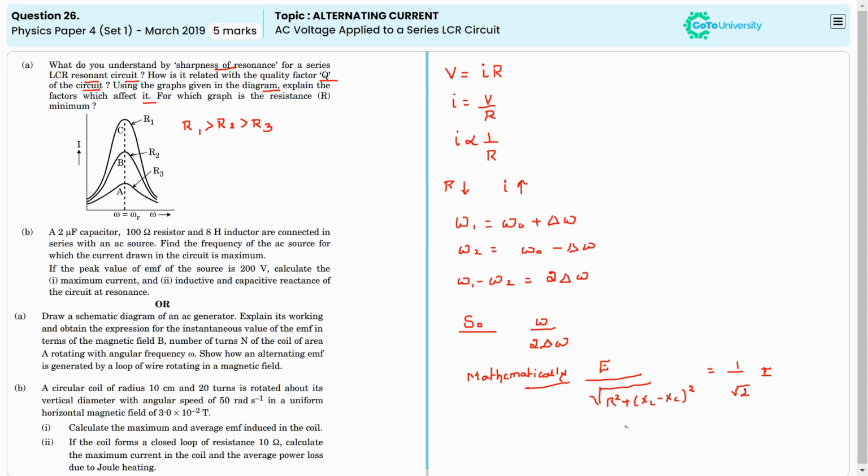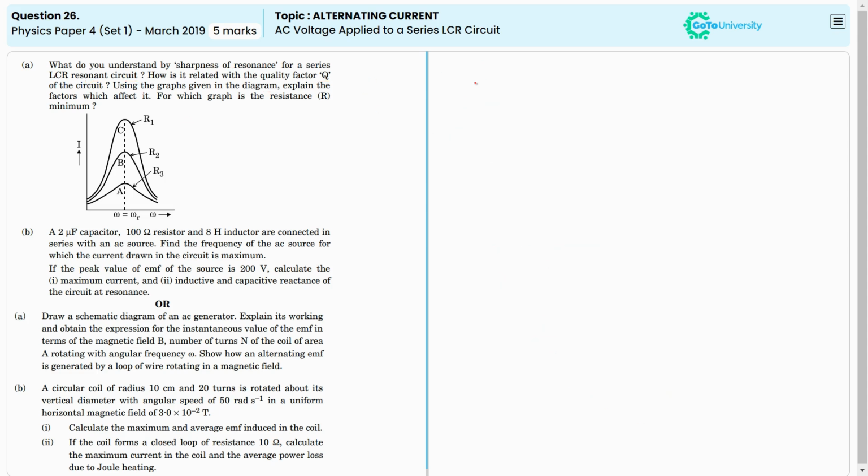Then we can write E divided by under root of R square plus XL minus XC whole square is equal to 1 by root 2 times E by R, where E will get cancelled.